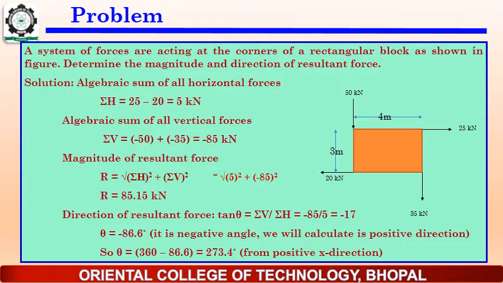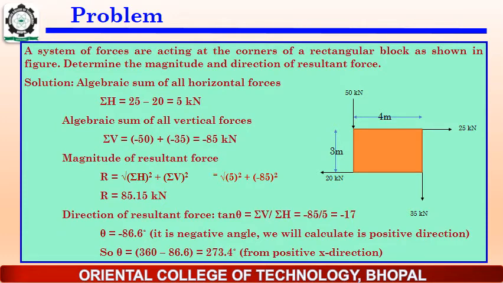After that, we have to calculate algebraic sum of vertical forces. So 50 kilonewton and 35 kilonewton, both the vertical forces are acting vertically downward, means negative y direction. So both forces are taken with negative sign. So minus 50 minus 35 is equal to minus 85 kilonewton in negative y direction.